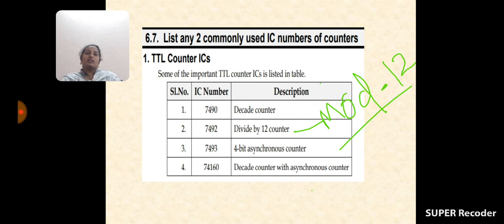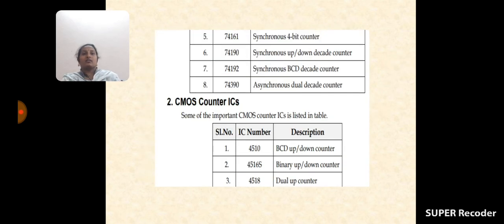Because decade counters are available in synchronous form as well as in asynchronous form. Next, the synchronous 4-bit counter IC number is 74161, and the synchronous up down decade counter is 74162.